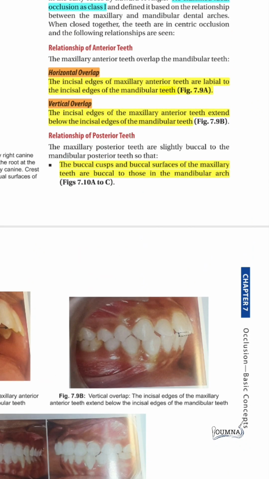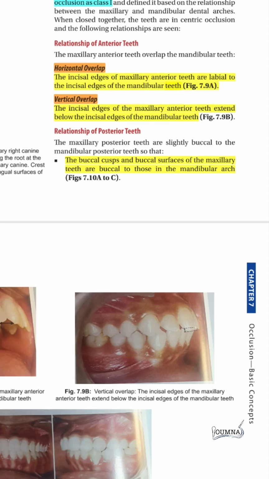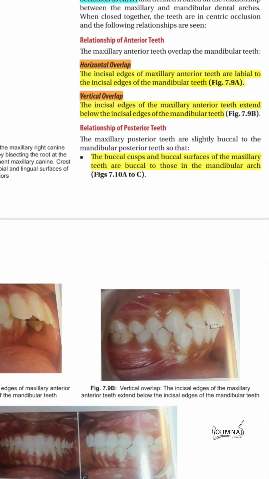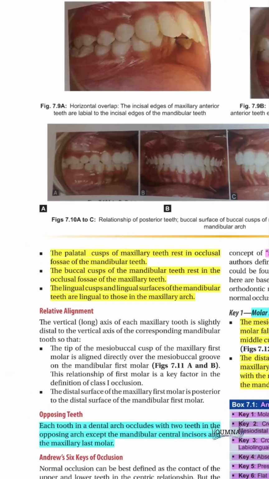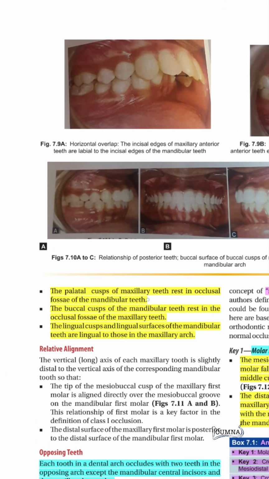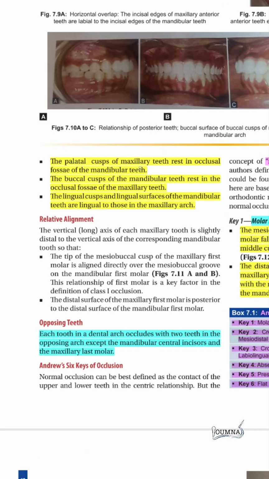As for the posterior teeth, the buccal cusps and the buccal surfaces of the maxillary teeth are buccal to those in the mandibular arch. The palatal cusps of maxillary teeth rest in the occlusal fossae of the mandibular teeth. We said that these are the supporting cusps.